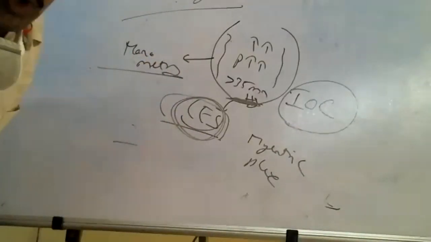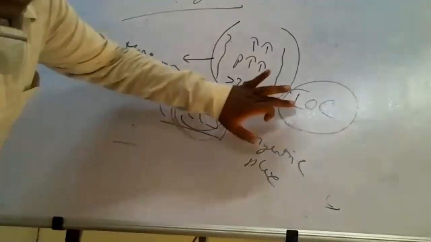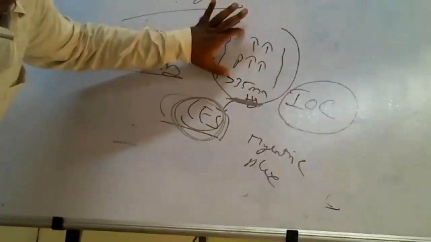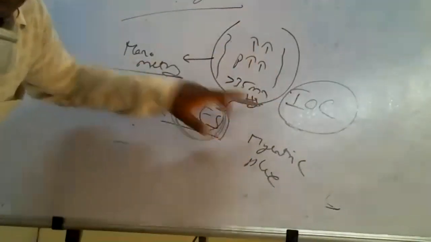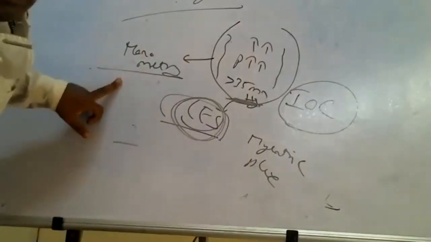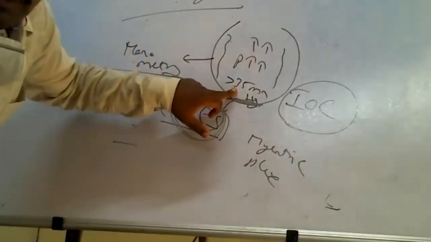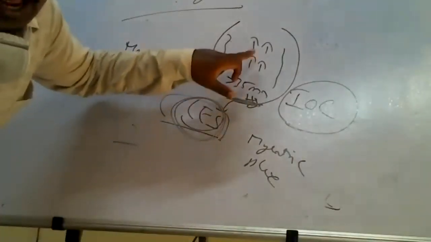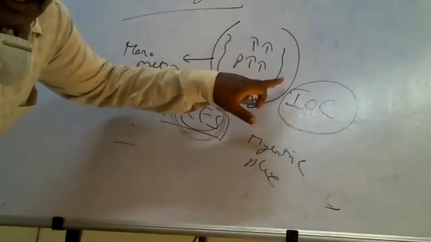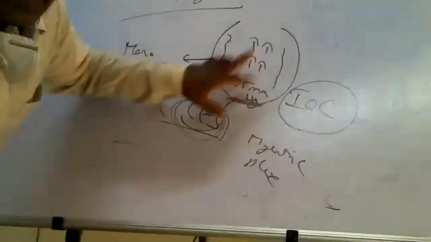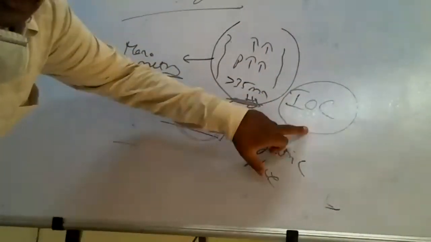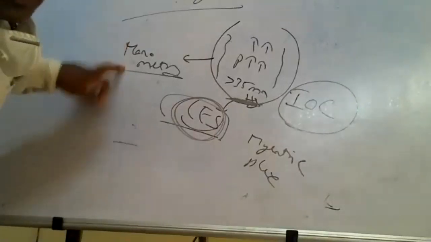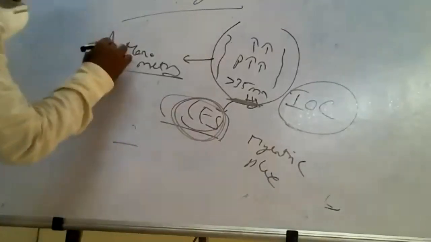Manometry, M-A-N-O-M-E-T-R-Y. So investigation of choice for achalasia cardia is not barium meal. It is manometry. On doing manometry, the pressure will be more than 35 mm of Hg in the esophagus because of the closure of the lower esophageal sphincter and because of the absence of the peristalsis. So the air will accumulate here, increasing the pressure. So investigation of choice for achalasia cardia is manometry, a number of times asked question.